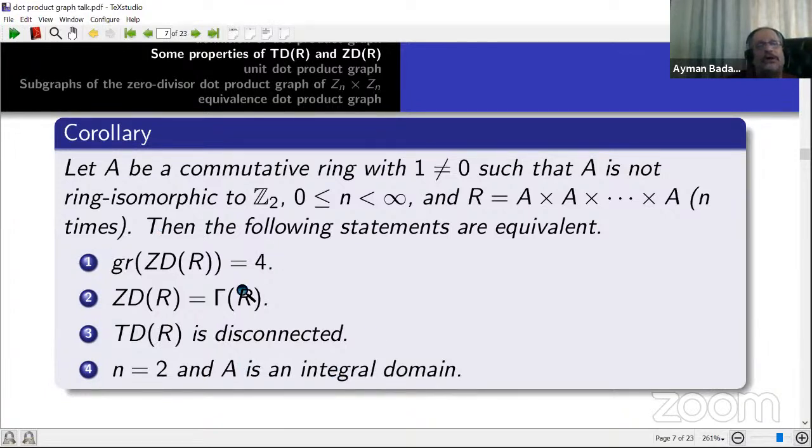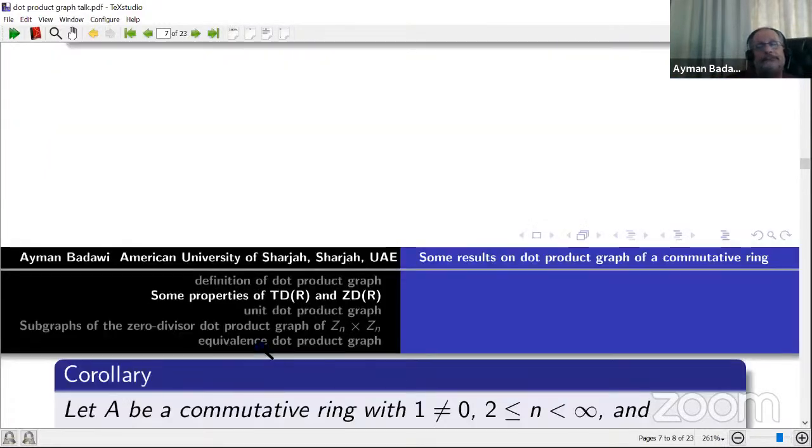So if the girth of the zero dot product graph is 4, the zero dot product graph is the same as the classical zero divisor graph, the total dot product graph is disconnected, n has to be 2 and A is an integral domain.